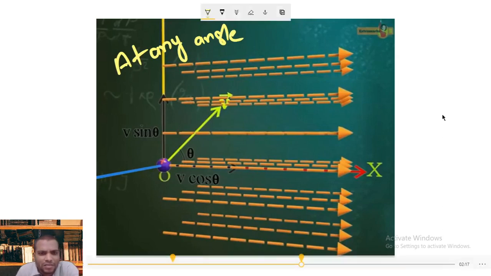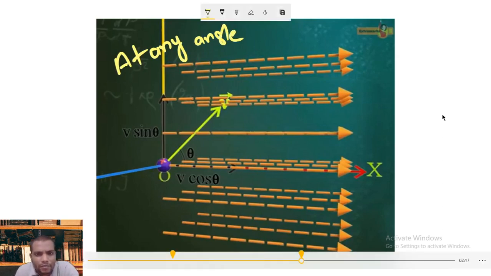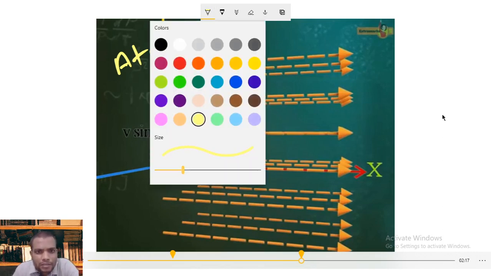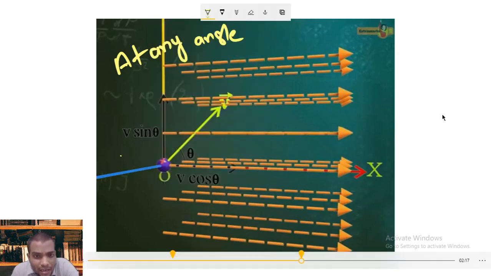Velocity is a vector, so that vector is resolved into horizontal and vertical components. Theta is the angle between the velocity vector and the magnetic field direction. You can clearly visualize it here.